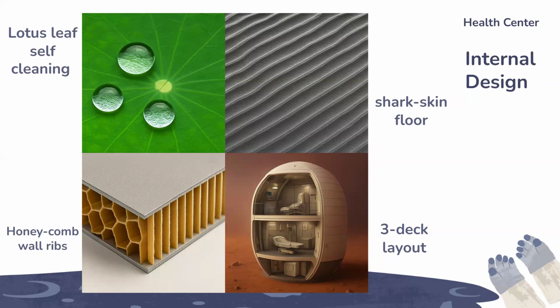Then we see in the interior surfaces across the decks, maybe we can use a nano coating derived from the lotus leaf, as you can see. I used this because of its hydrophobic behavior, which ensures that water, blood, or chemical reagents do not adhere to the surface, and thereby it facilitates rapid cleaning and reduces the need for chemical disinfectant.